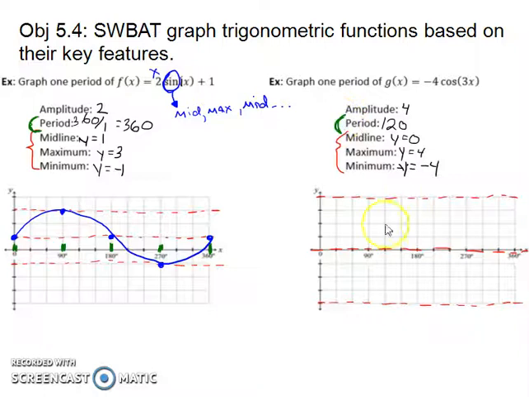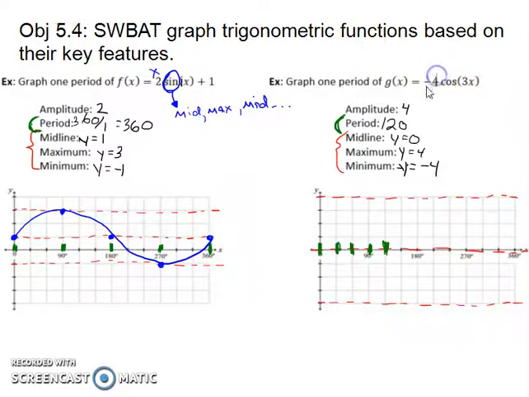Now this particular graph goes to 360. But since it only goes to 120, that means this begins at 0 and ends at 120. Well, half of that would be 60. And then the quarter points would be at 30 and at 90. So just like the last one, we've got 4 quarters, 1, 2, 3, 4. And we've got each of those lines that indicates it.